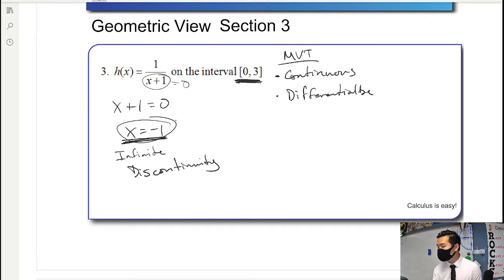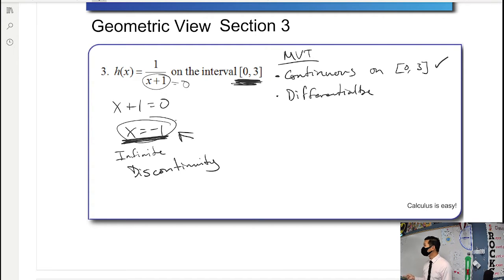And if this is the only place that causes a discontinuity, this function is continuous on the interval 0 to 3. There's no holes, there's no asymptotes. The asymptote only occurs where? Off of the interval. So it is continuous. So the first thing checks off. It is continuous from 0 to 3.